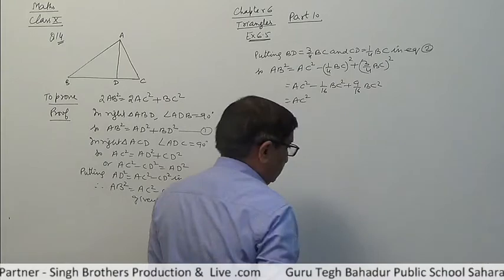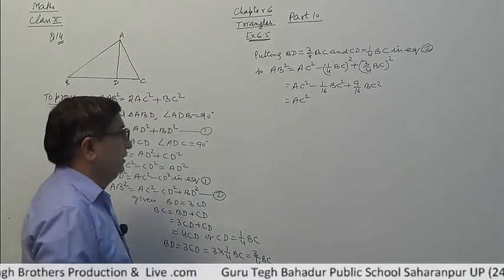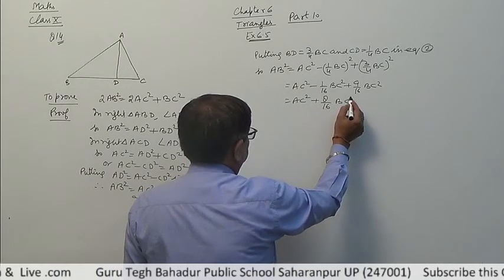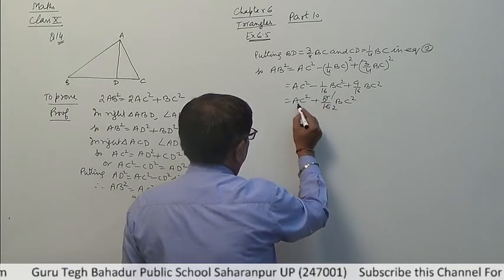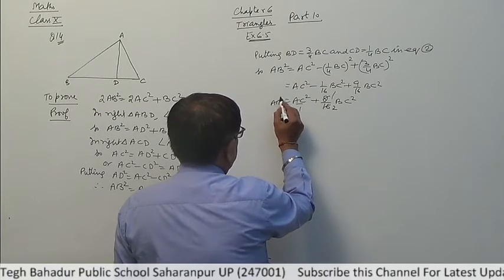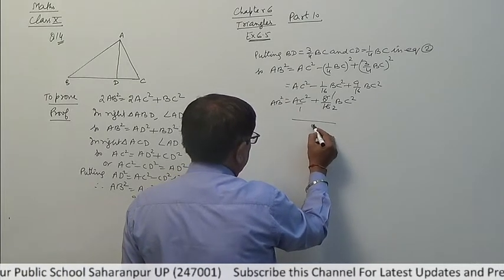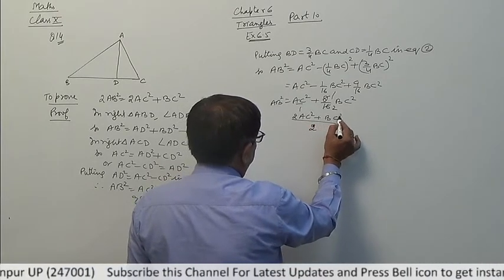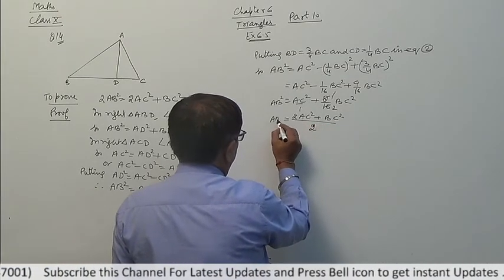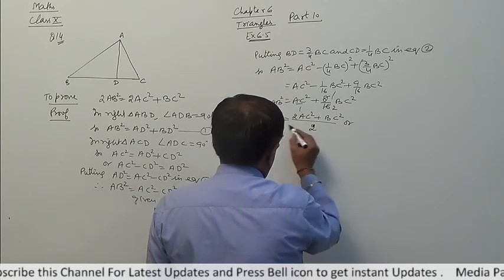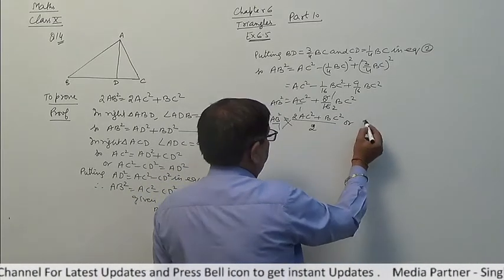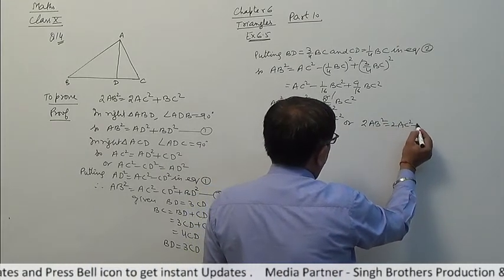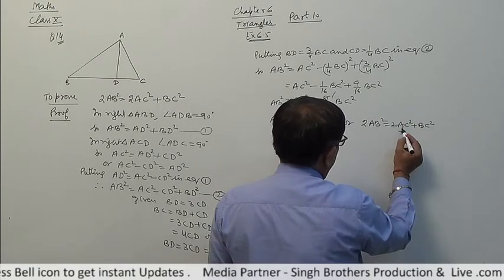Minus 1 upon 16 plus 9 upon 16 becomes plus 8 upon 16 BC square. Take the LCM of it. 2AC square plus BC square is equal to AB square, or cross multiply, 2AB square is equal to 2AC square plus BC square.